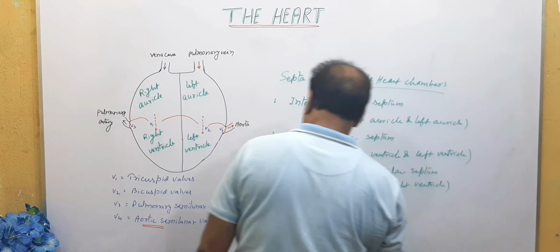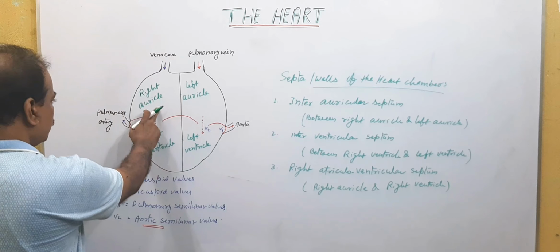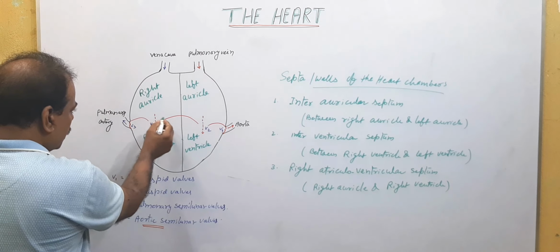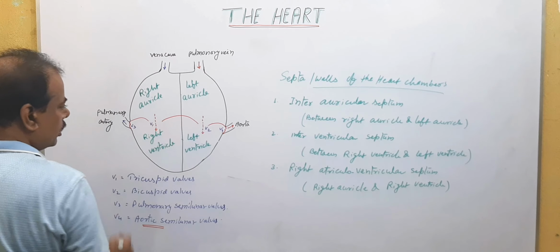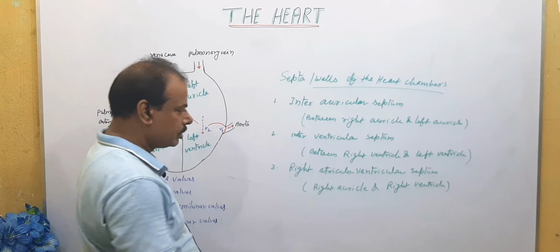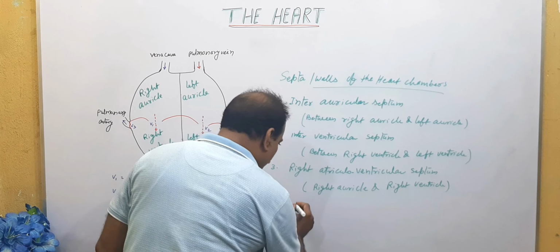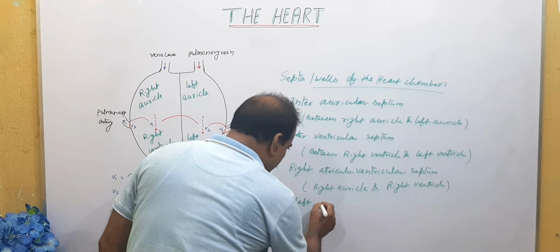So here it is right auricle and this one is right ventricle. Between these two, this wall is known as right atrioventricular septum or wall.